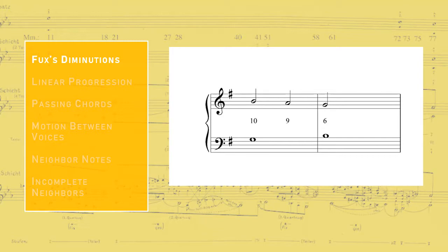Fuchs would ask us to think of the passing tone A in this example, which forms a dissonant ninth against the G in the cantus firmus, as a filling in of the interval of a third between B and G of the downbeats. If the A were removed, the downbeat consonances would form good first species relationships with the notes of the cantus firmus.